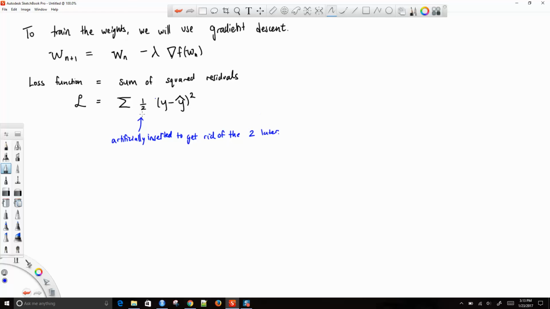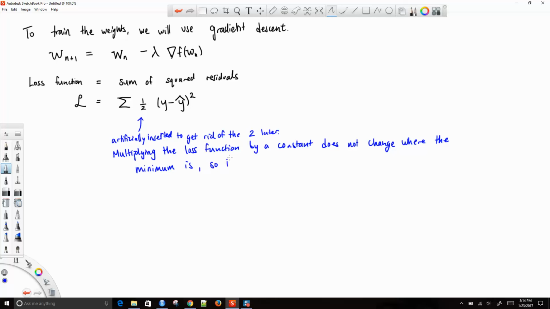Okay, so multiplying the loss function by a constant is not going to change where the minimum is, so it's okay that we do this.